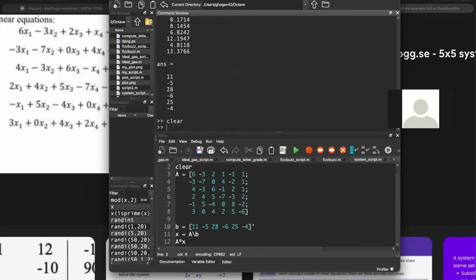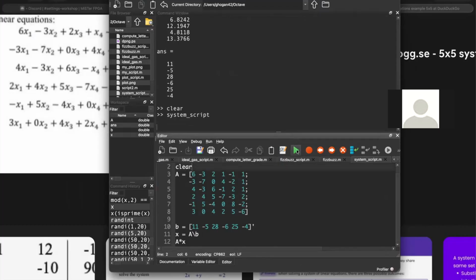I can type clear up here, no variables, run it, and we get all our answers the same. So you could type your matrix on multiple lines if it helps you type it in more accurately.